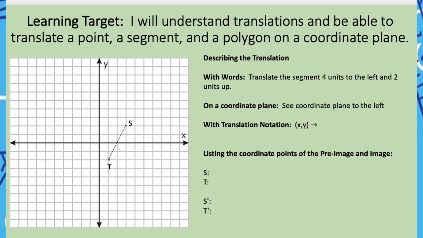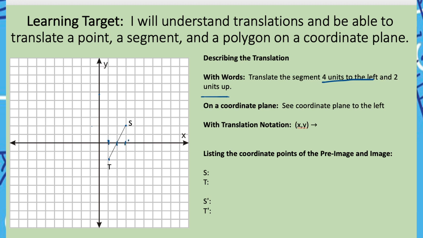So now let's try an example in which we translate a line segment. We're going to translate segment ST 4 units to the left and 2 units up. So I'm going to start with point S, and on my grid, physically count 4 units to the left, and I'm able to do that, by the way, because each of these is 1.